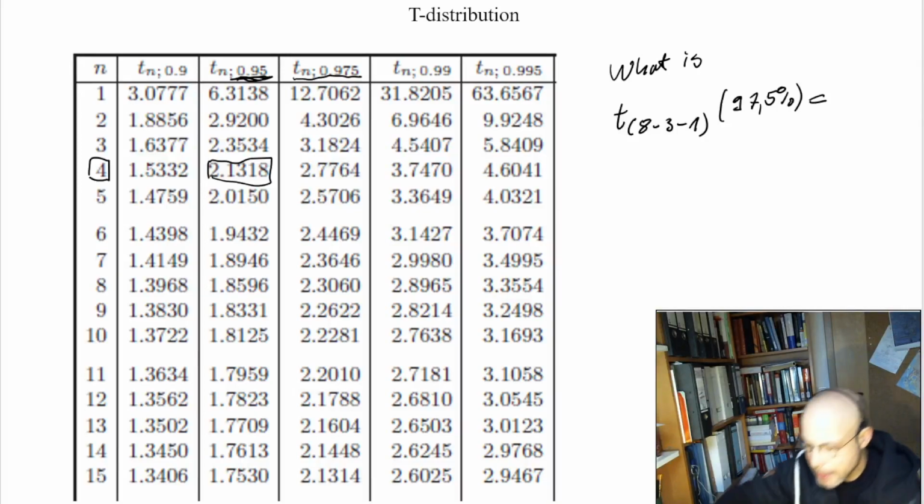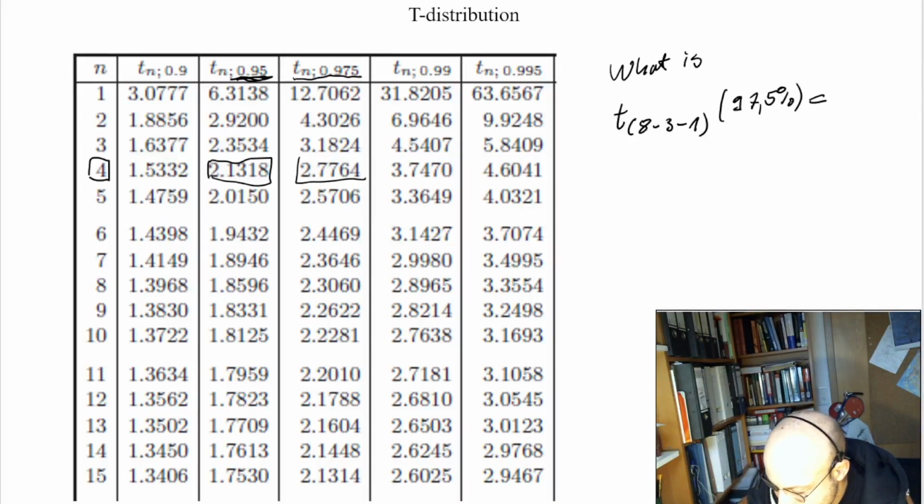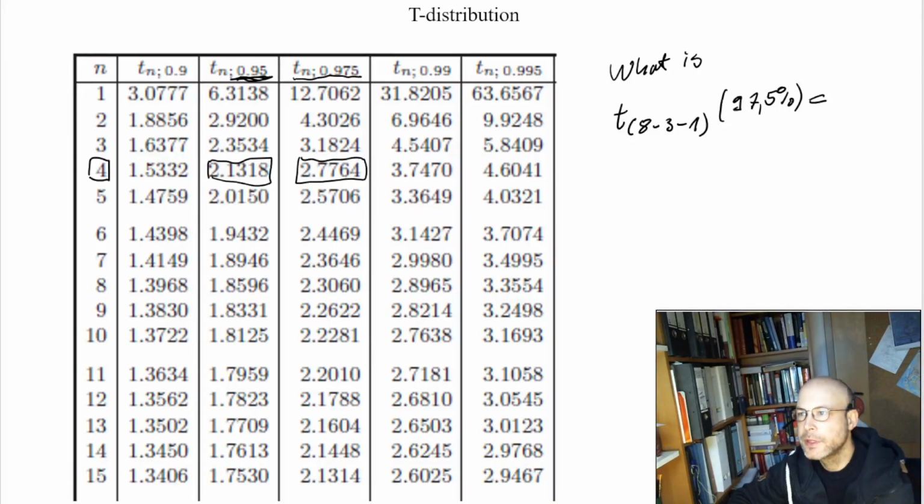Yes, absolutely right. Then we have to choose this value.